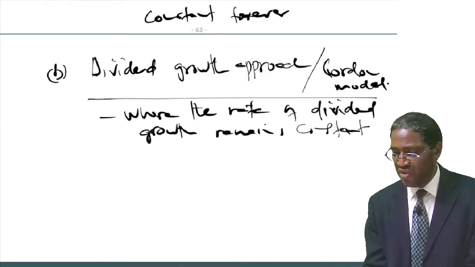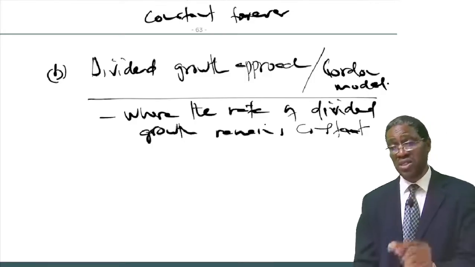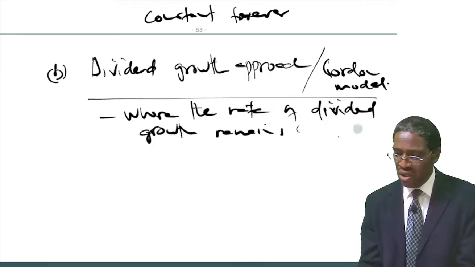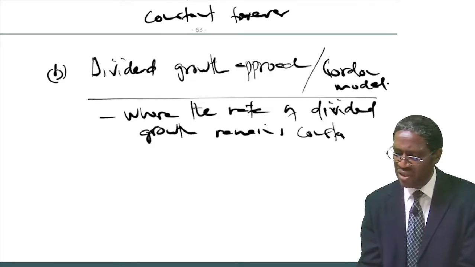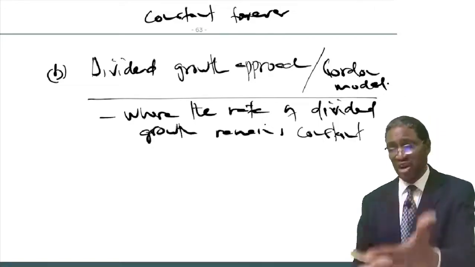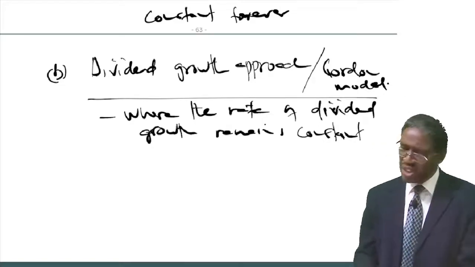In other words, your growth rate of dividend may be 5% every year. So what is the formula?